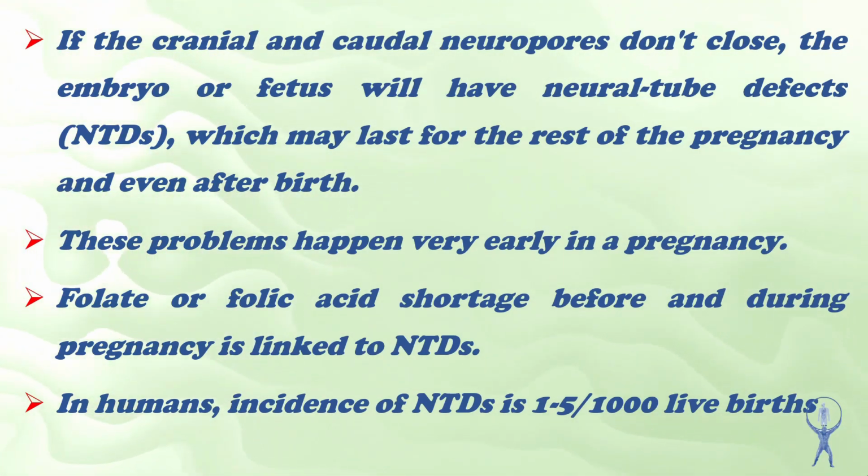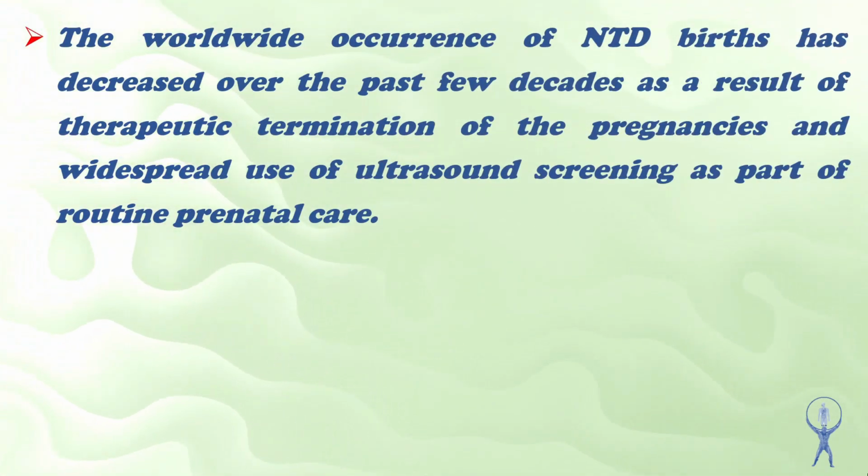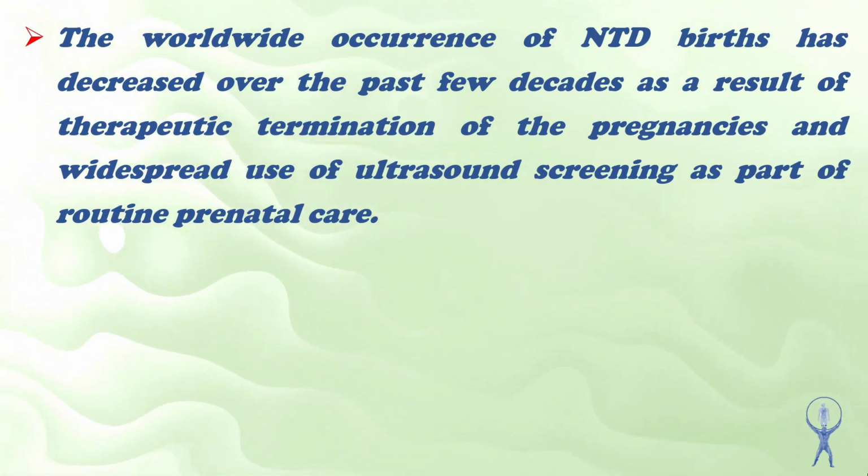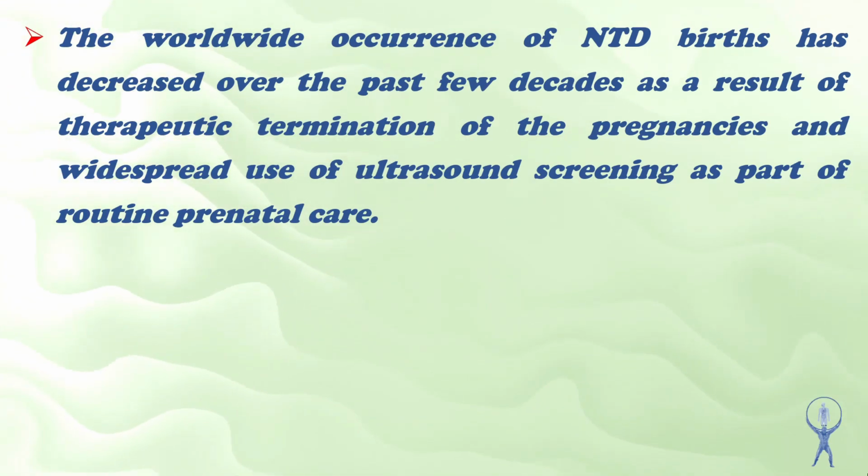In humans, the incidence of NTDs is 1 to 5 in 1,000 live births. But the worldwide occurrence of NTD births has decreased over the past few decades, as a result of therapeutic termination of the pregnancies, and widespread use of ultrasound screening, as part of routine prenatal care.